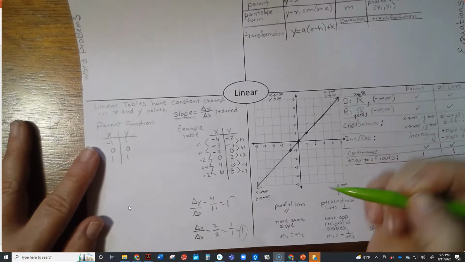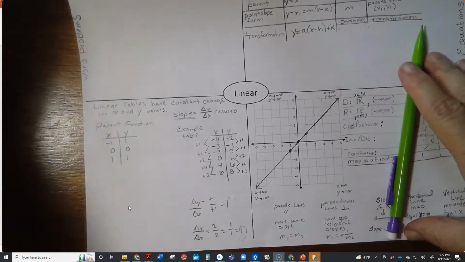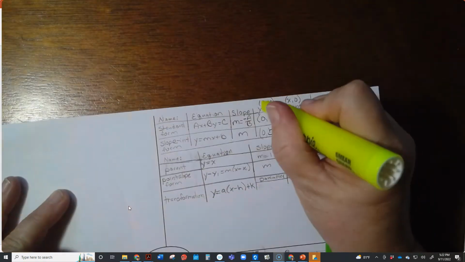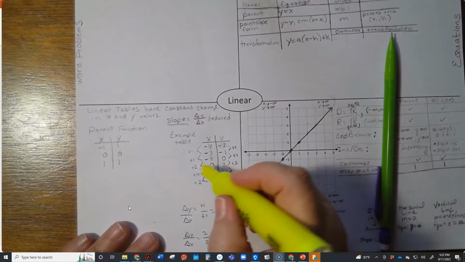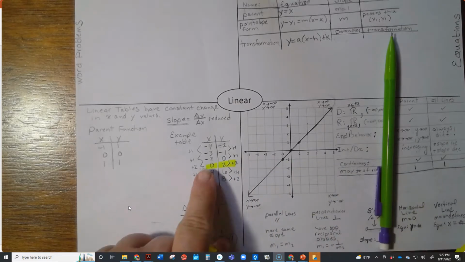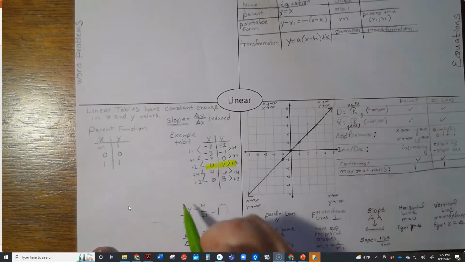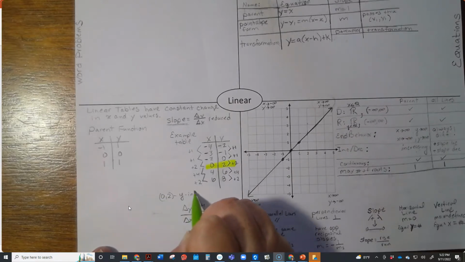Don't forget, you can also use your table to find both your x-intercept and your y-intercept. Remember, right here we said that the y-intercept was always a 0 and then a y value. So you see right here, I see a 0 and a y value, so that means that point right there, 0, 2, is my y-intercept.